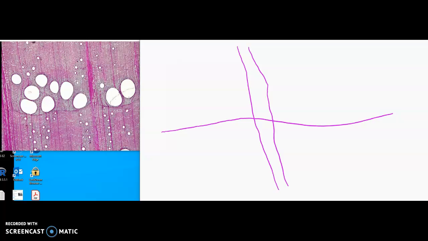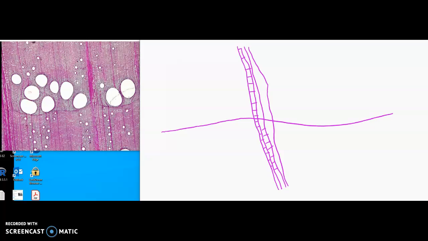You can also see, alright, these are my rays. And we're seeing those parenchyma cells at the top as they're running through from pith, which we can't see, to cortex, which we can't see because this is a large piece of wood and we're just getting to see a very, very tiny slice of that.